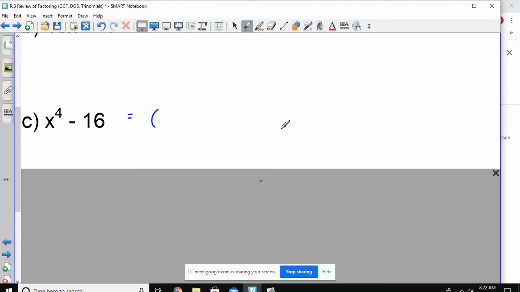Are those both perfect squares? We have a subtraction. What's the square root of x to the 4th? Right. Or if you have 4 x's, you put 2 in each parenthesis. Square root of 16 is 4. Okay. We are not done. Why?